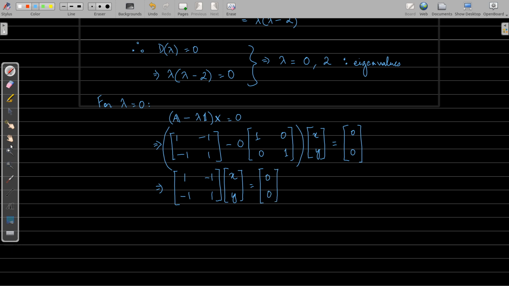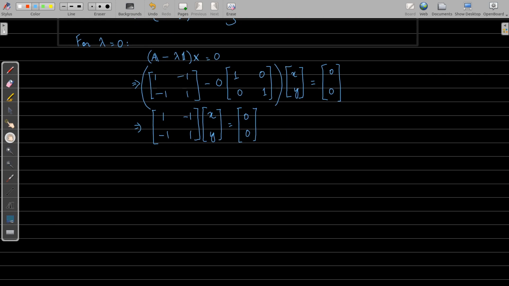Now let's do the matrix multiplication on the left hand side. We get 1 into x is x, minus y, and here we get minus x plus y, and this is equal to 0.